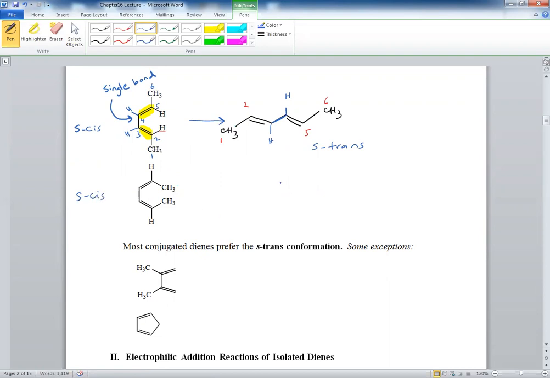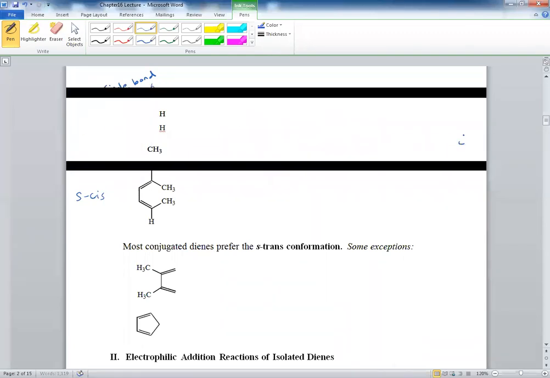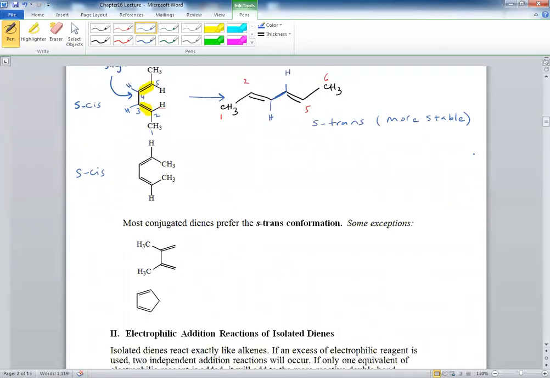We prefer the S-trans. The S-trans is more stable, simply because of the sterics.